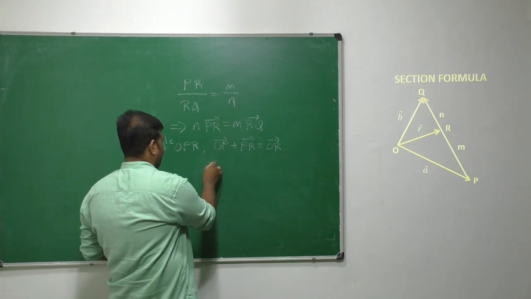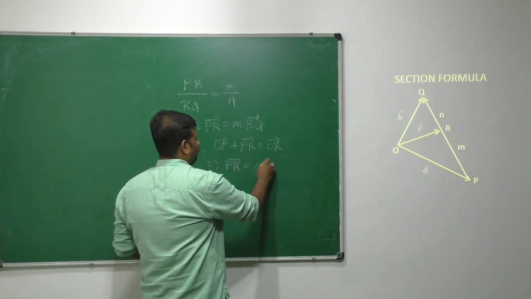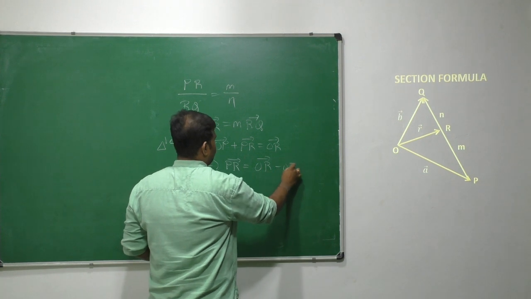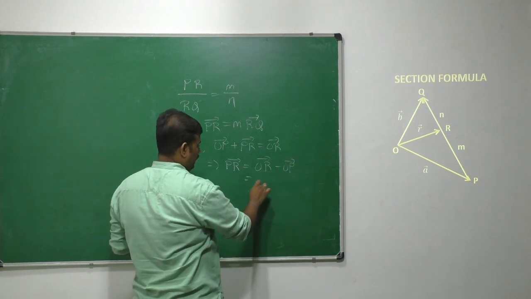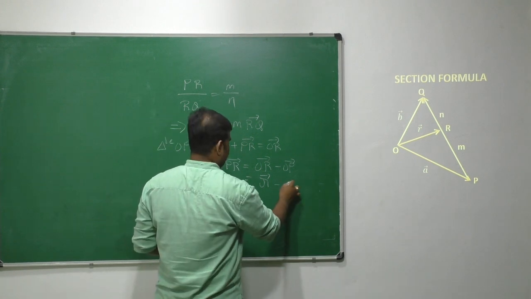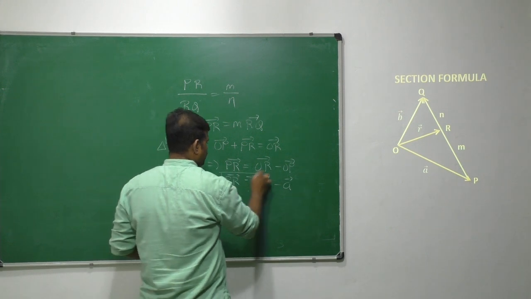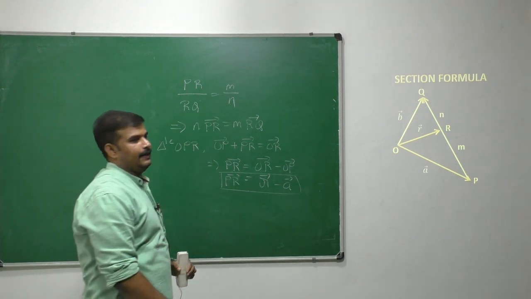This implies vector PR is equal to vector OR minus vector OP. Vector OR I have already taken as vector R. Vector OP I have taken as vector A. So we got vector PR as R minus A.